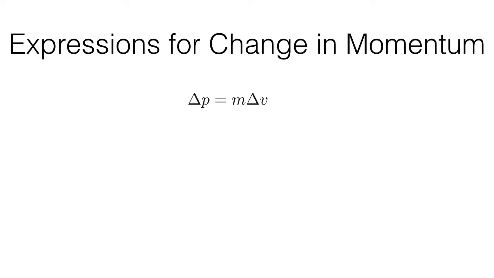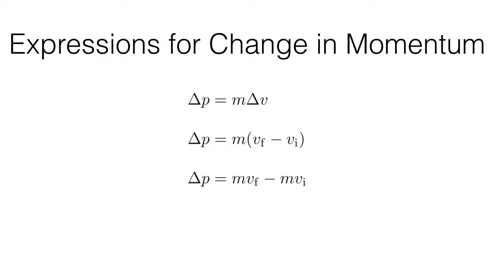So we have several different expressions for change in momentum. This is the one we saw on the previous slides. Change in momentum is equal to mass times the change in velocity. If we expand change in velocity, we get this expression. And then distribute the mass, results in this. Now each one of these terms is a momentum. It's mass times velocity, both times.